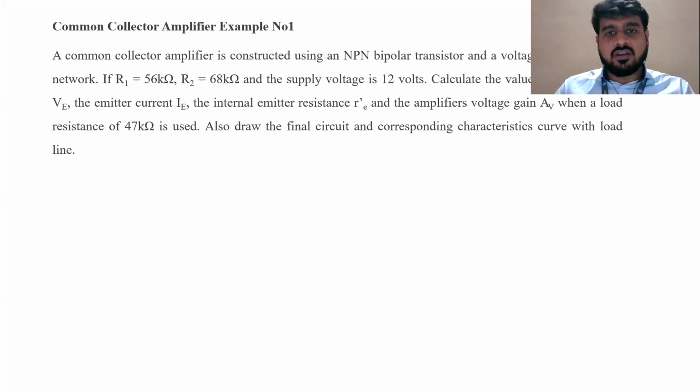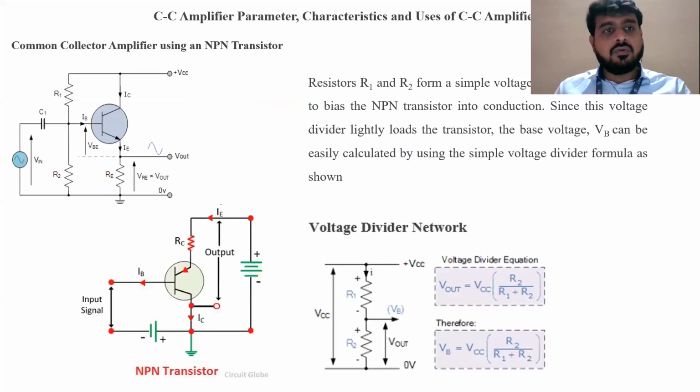Then you have to calculate the voltage gain. Voltage gain is nothing but the output voltage over the input voltage, when a load resistance of 47 kilo ohm is used. With the common collector, if I compare with the common emitter amplifier configuration, I had a separate load resistor there, but here I do not have any separate load resistor.